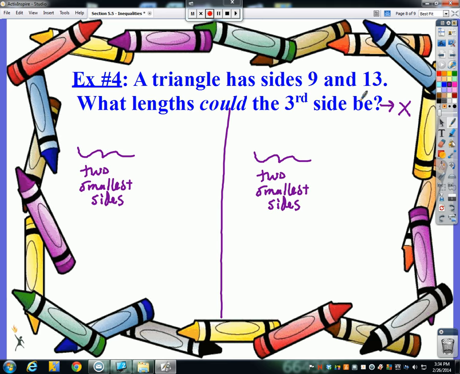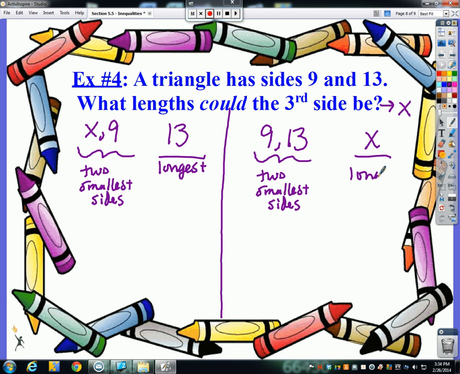For our two scenarios, let's say x and the 9, it can't be the x and the 13, are the two smallest sides. So we're going to go with the assumption that the 13 is the longest side over here. And now let's say on this side that maybe x is the longest side. We don't know. It could happen.